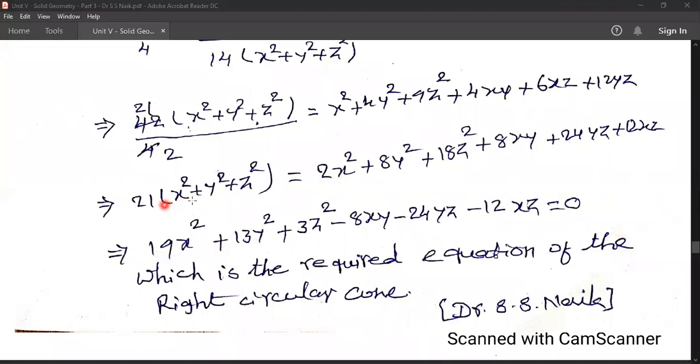Here 21y square and 8y square get cancelled, becomes 13y square, and 21z square and 18z square get cancelled, that becomes 3z square. Then this becomes minus 8xy minus 24yz and minus 12xz is equal to 0, which is the required equation of a right circular cone.